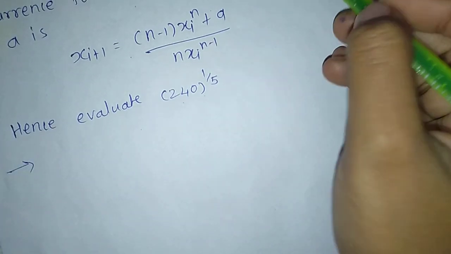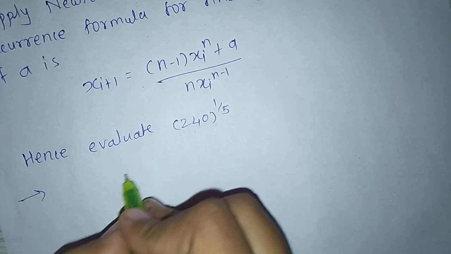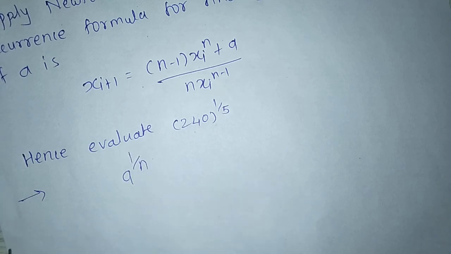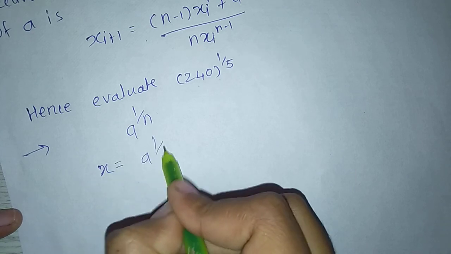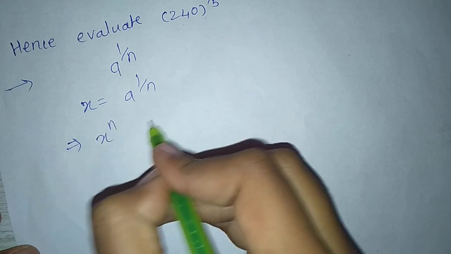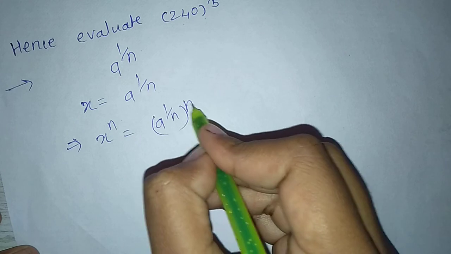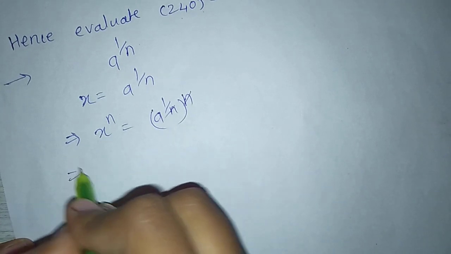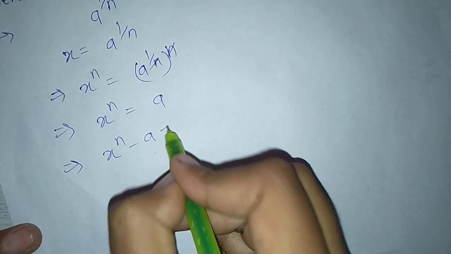Given the nth root of a, the nth root of a means a raised to 1 upon n. Let x equal a raised to 1 upon n, which means x raised to n equals a raised to 1 upon n raised to n. The n's cancel, so we get x raised to n equals a, which implies x raised to n minus a equals 0.